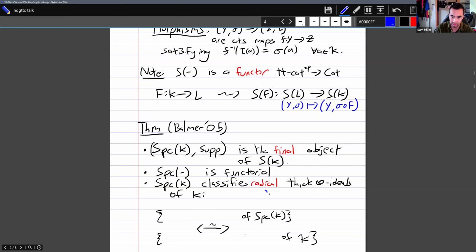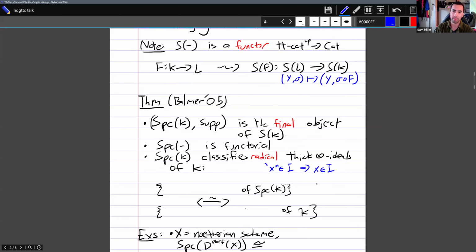Radical means just that x to the n in I implies that x is in I. And so we have this order-preserving bijection between the Thomason subsets of Spc of K, which are arbitrary unions of closed sets whose complements are quasi-compact, and the radical thick tensor ideals.